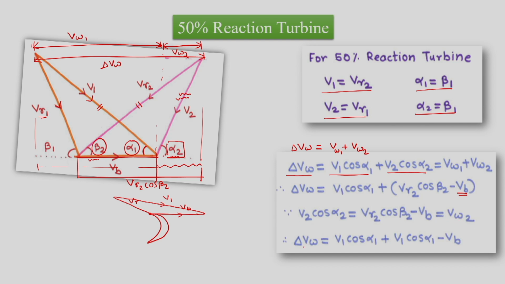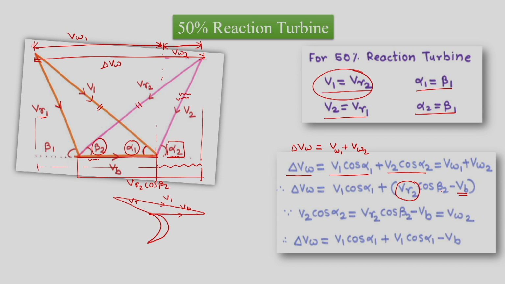So delta VW becomes V1 cos alpha 1 plus VR2 cos beta 2 minus VB. But we know that VR2 is equal to V1, so this VR2 will be replaced by V1.